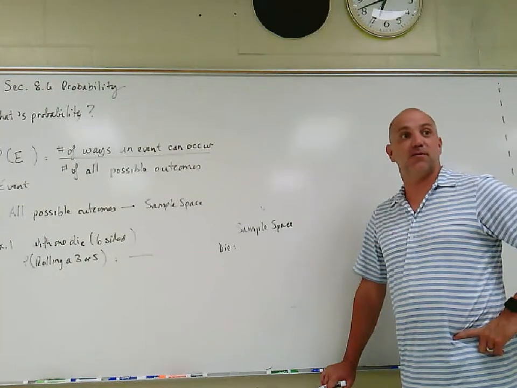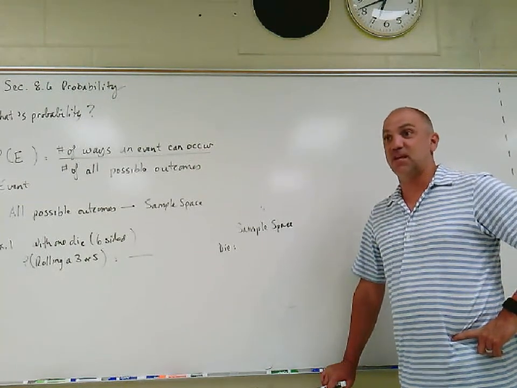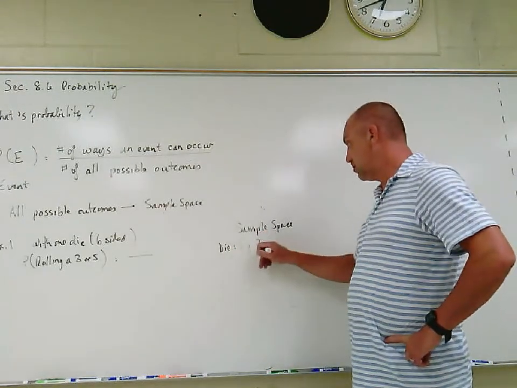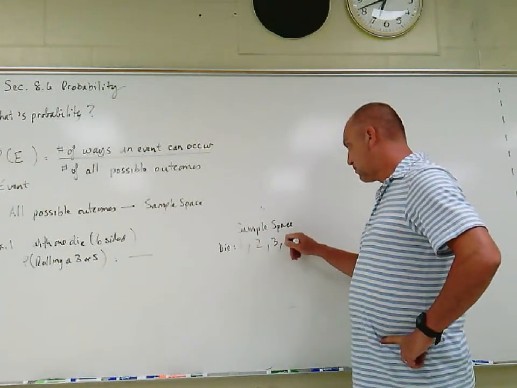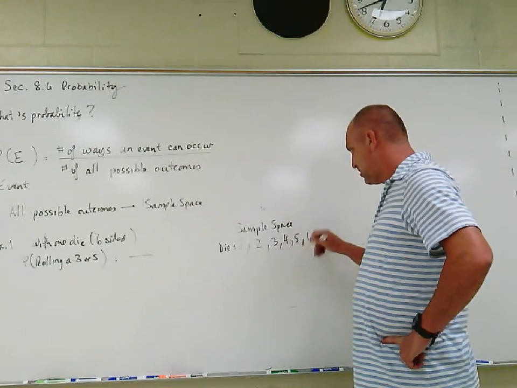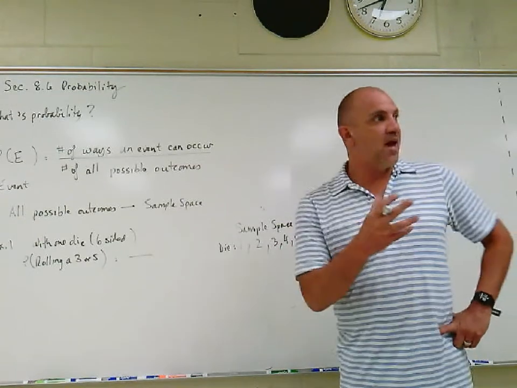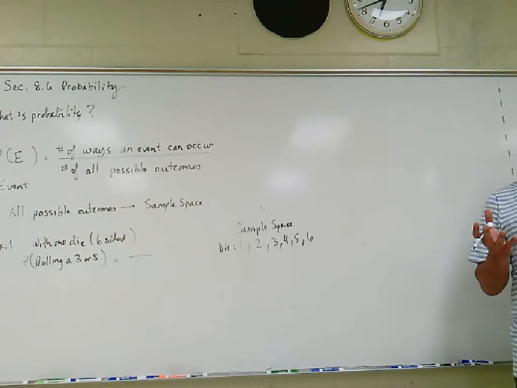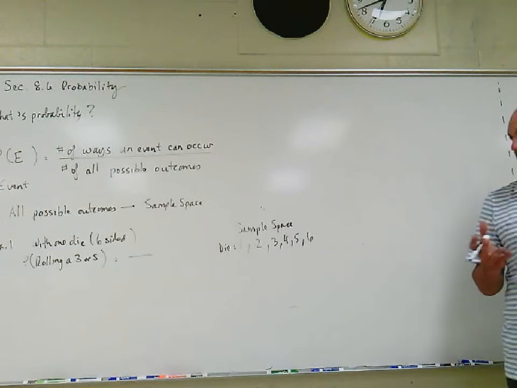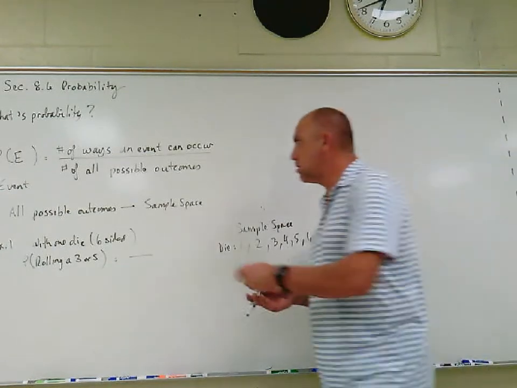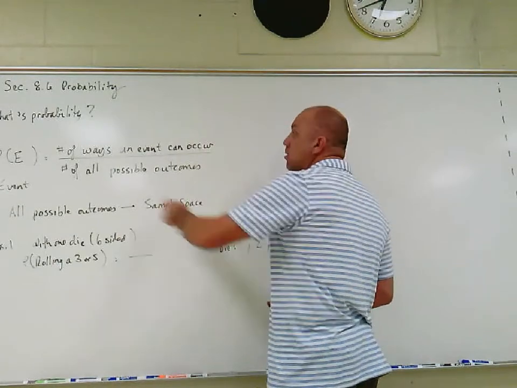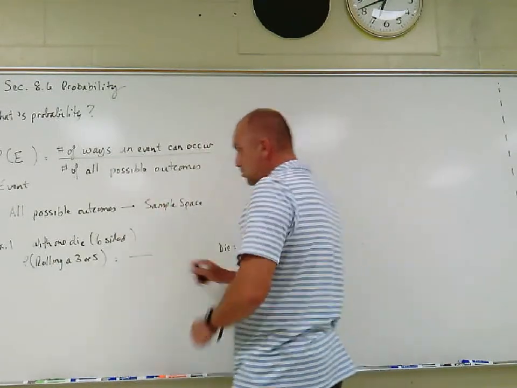So what could it land on? 1, 2, 3, 4, 5, and 6. That is the total of everything that could happen. The number of those is always going to be your denominator, which in this case is 6 possibilities.